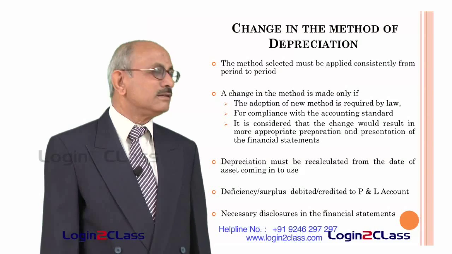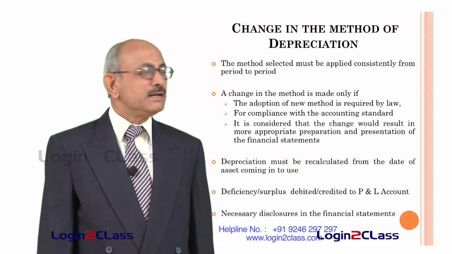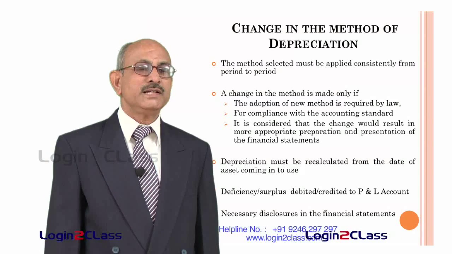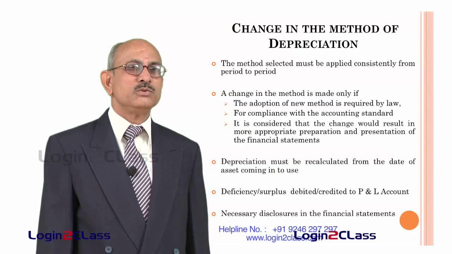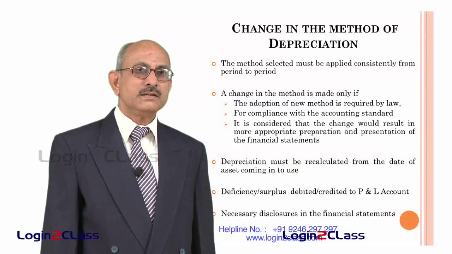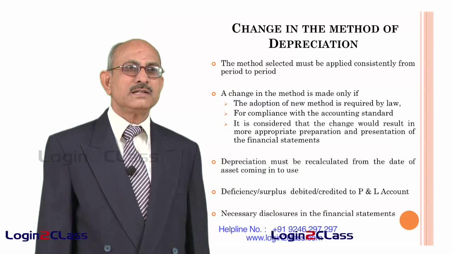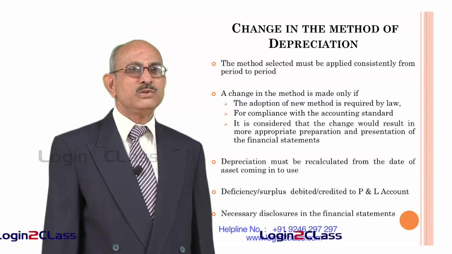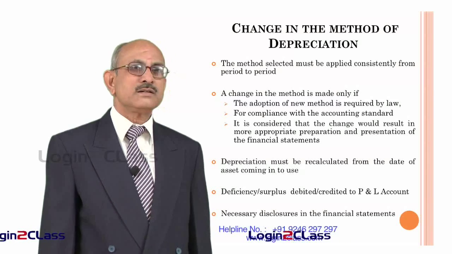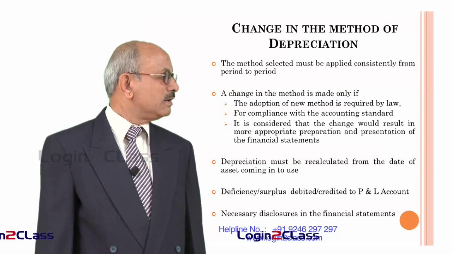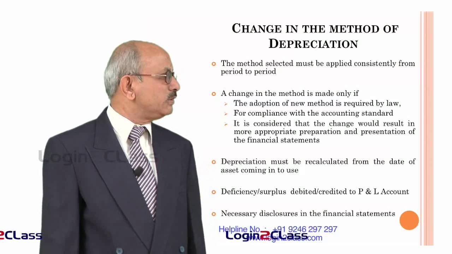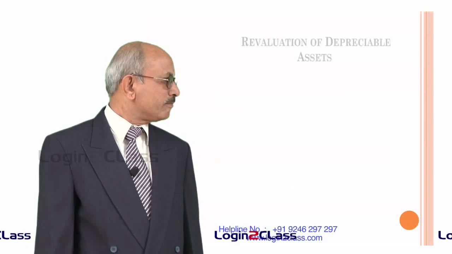And as we said, when we were considering the definition of depreciation, we said the depreciable value of the depreciable asset is the historical cost or such other value changed, that is on account of revaluation. So, we will find out what happens in the case of revaluation of depreciable assets.